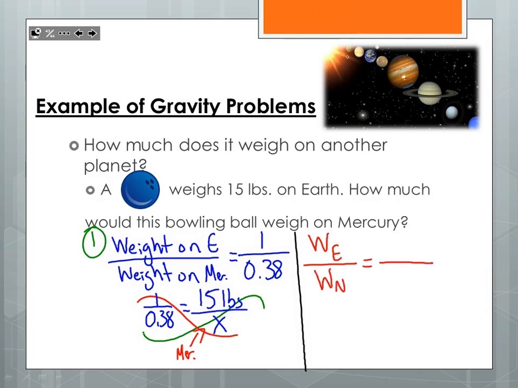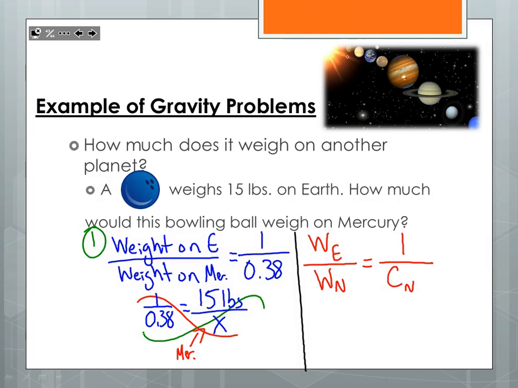Once I find that ratio, remember the weight on Earth is always going to be 1. I don't know what it is on Neptune because I haven't found it. That's your job. Go back to the table and find the ratio, the compared gravitational strength of Neptune.